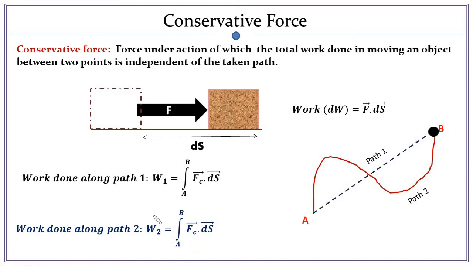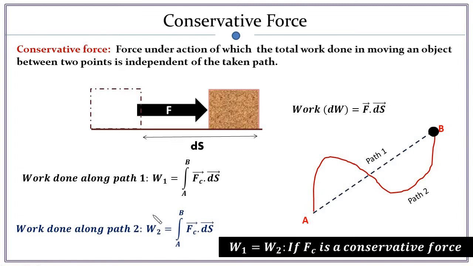Okay. Now if you find that W1 is equal to W2, in that case you can call this force Fc a conservative force, or in other words, if Fc is a conservative force, then W1 will be equal to W2. This is the concept of conservative force.